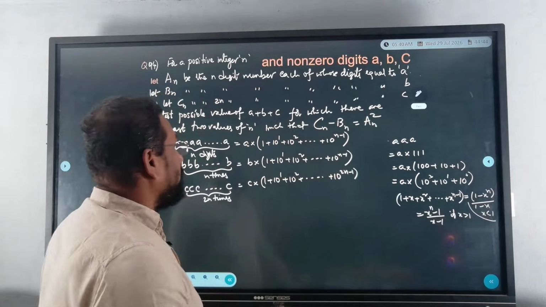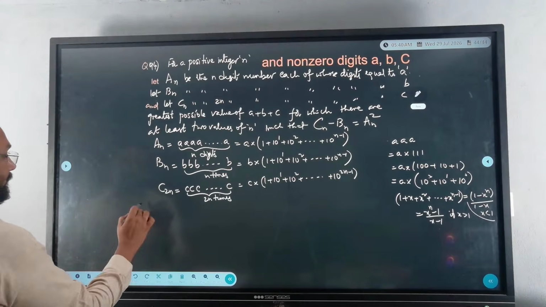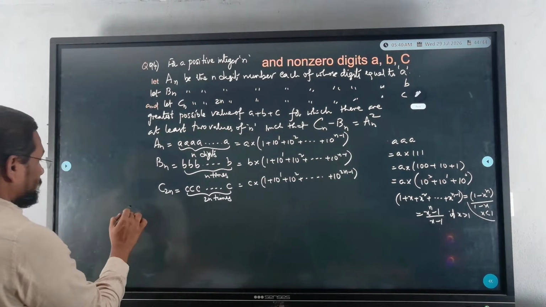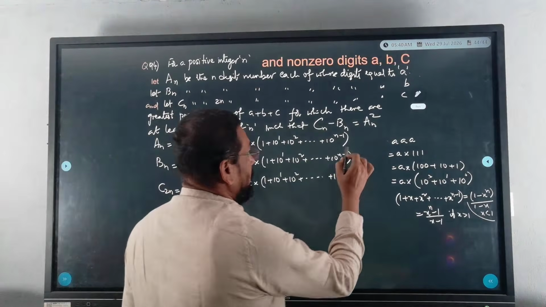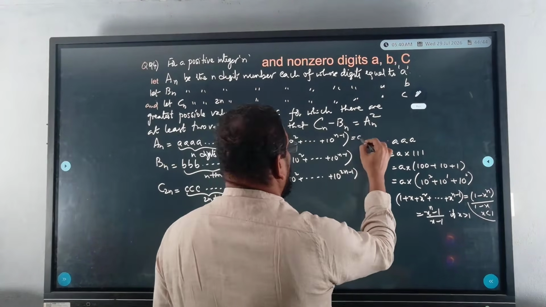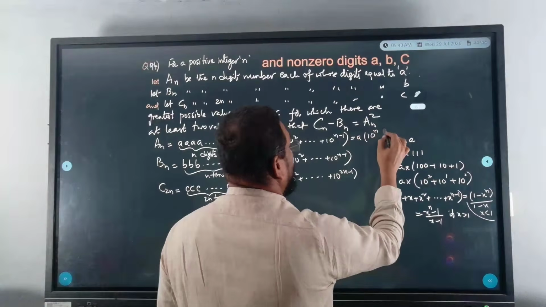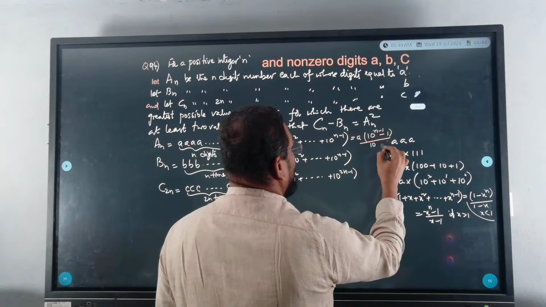So by using that, what is an here? An is a into 10 power n minus 1 by 10 minus 1.